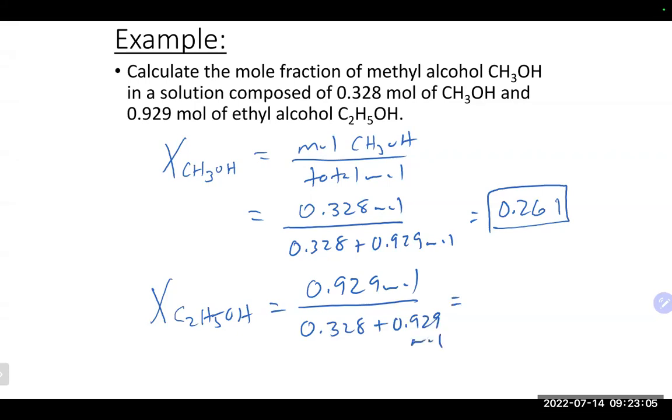And again, not multiplied by 100. That gets us 0.739. By the way, since this was 100% of everything, we could have taken 1 minus 0.261 and gotten there, since that was the only other thing left. Kind of like when you take 100 minus something, it'd be the same idea if it was a percentage.